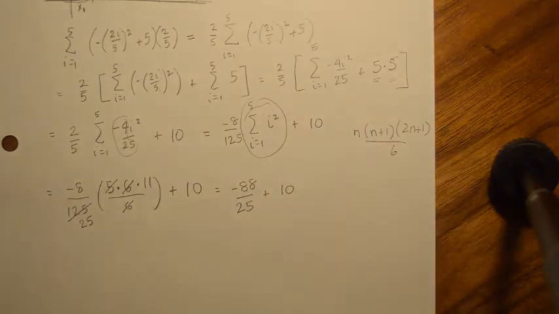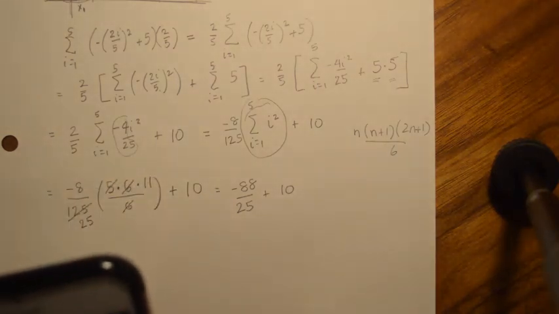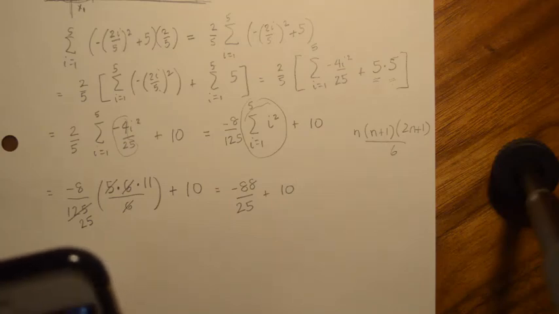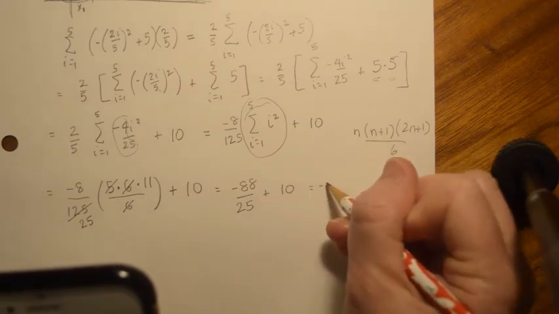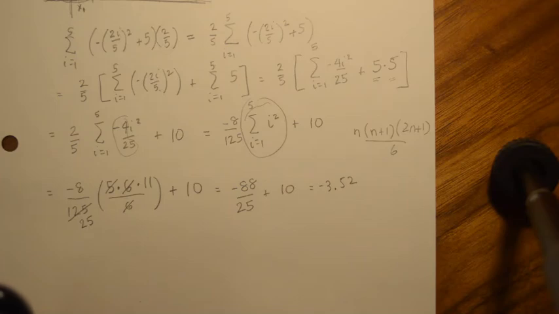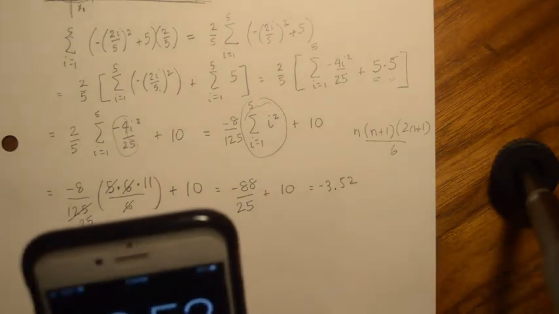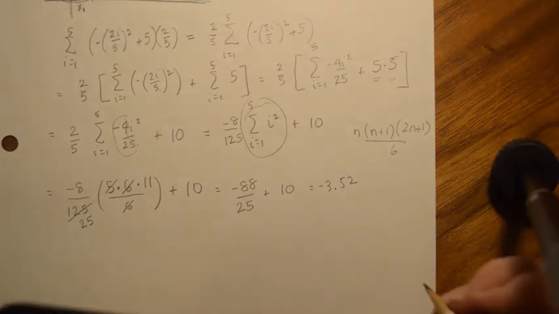I'm going to have to use my phone for my calculator here. 88 divided by 25 gives me 3.52, so this is negative 3.52, and then plus 10.